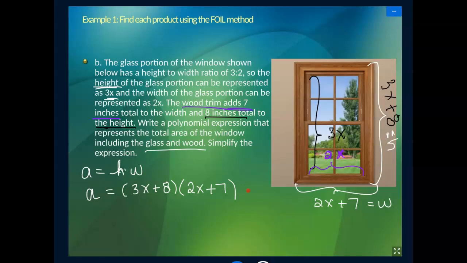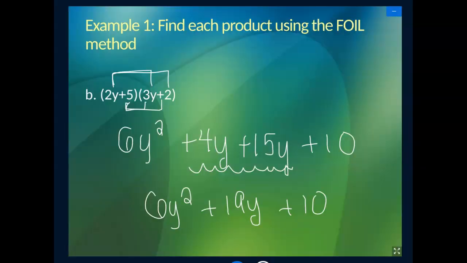Now, what does this part of the problem look like? What are the problems? What do we have to do to finish the problem? The name of the lesson. We have to FOIL. Okay, go back a slide. There we go.